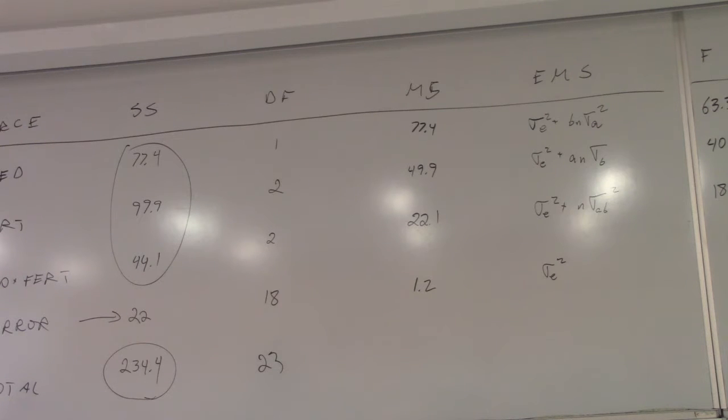So if this is 3, and that's 3, and that's 3, then here I get 3 minus 1 times 3 minus 1. So 2 times 2, I get 4 degrees of freedom there. So there I had 3, which really gives me 2, 2, and 2. So I'm going to have 4 there, and I'm going to have 4 there.